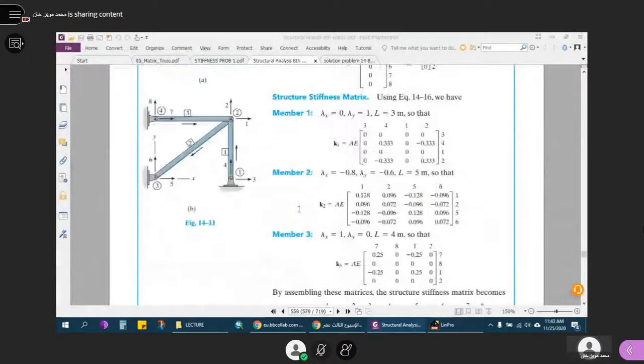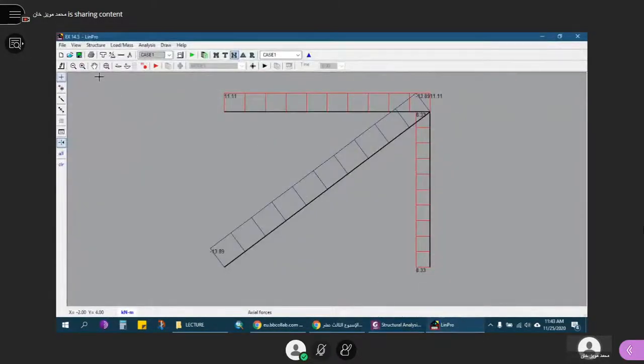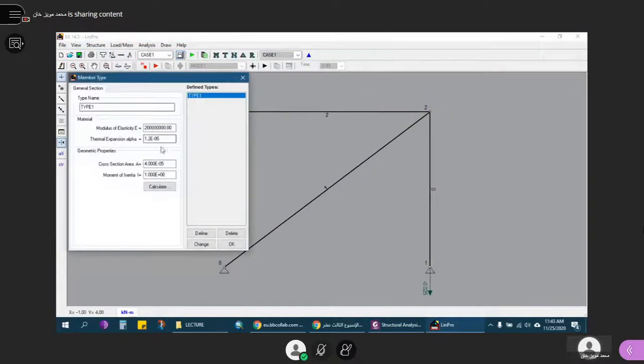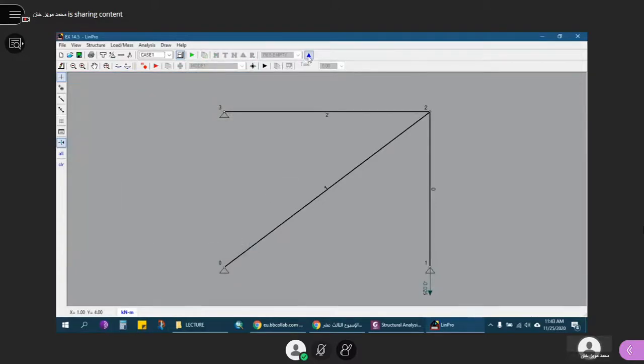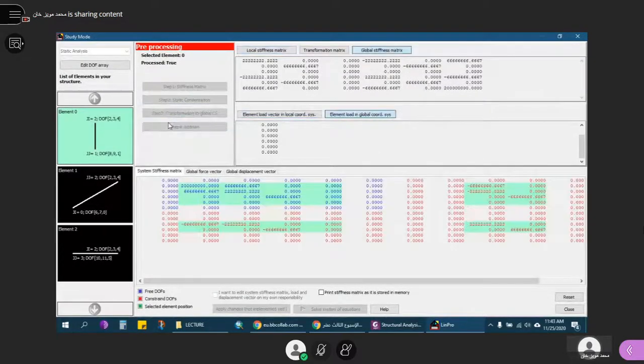So I just took an example of this one, and let me show you one thing. Let us go back and put the value of AE as 1, A as 1, I as 1, and now let's see what change it makes to the stiffness matrix. No, it's still the same.